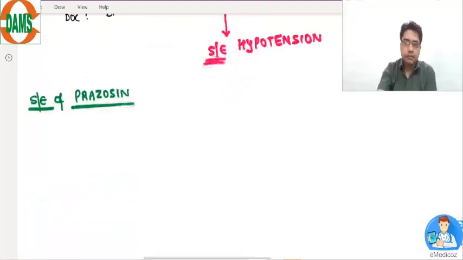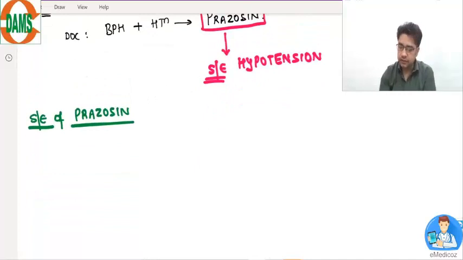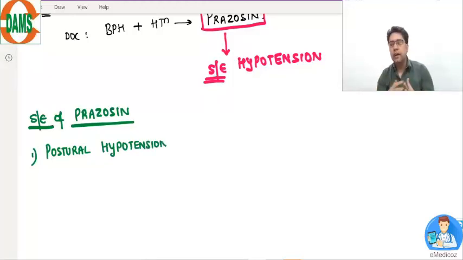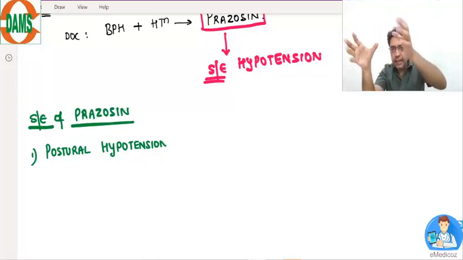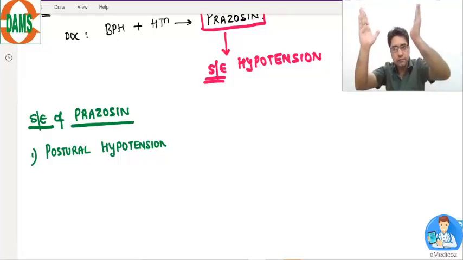The first side effect of prazosin is postural hypotension. What happens in postural hypotension? It's very simple. When you stand up, your leg veins should constrict so that blood can move upwards.